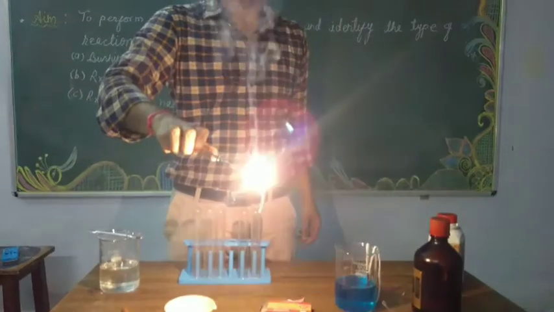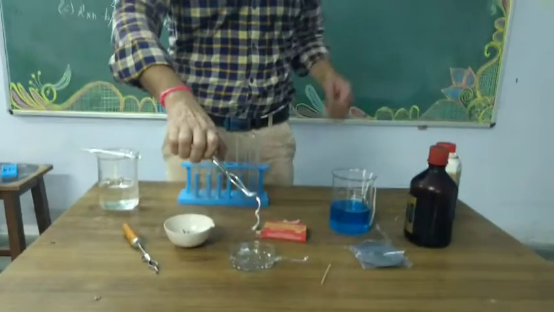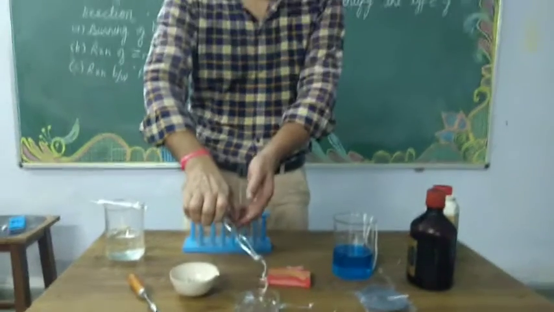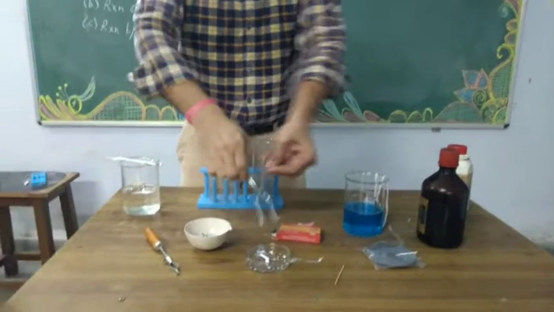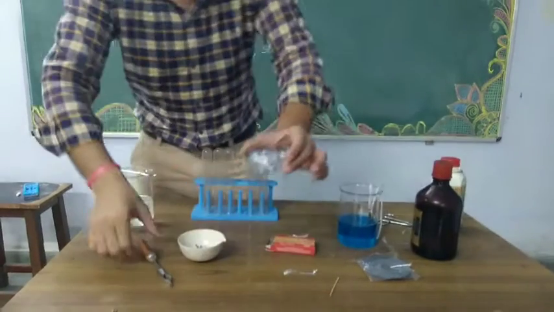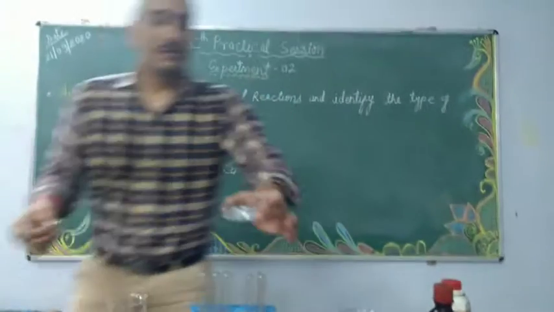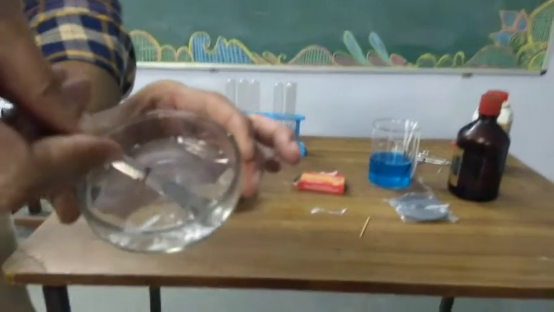This magnesium ribbon burns with a white flame, and the intensity of light is too much, so it should not be watched directly for a longer time. So see, we have the ash, and this white ash is magnesium oxide.